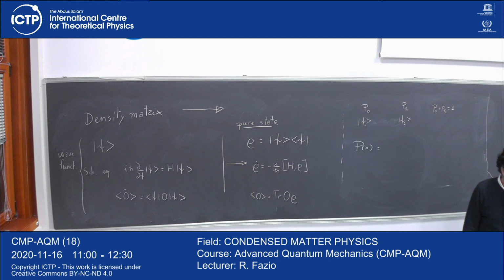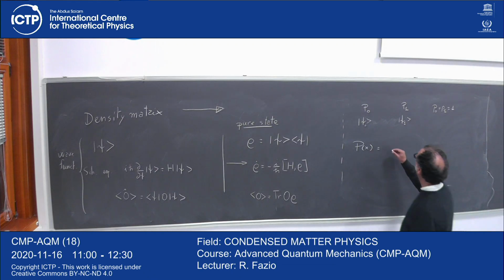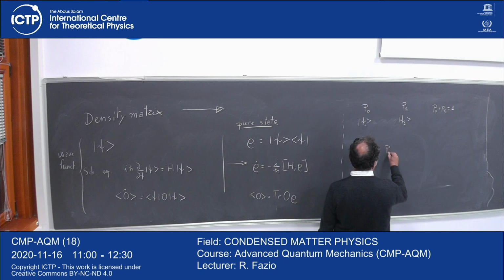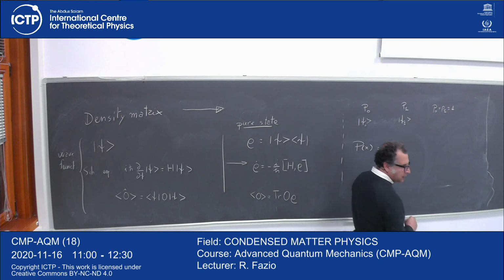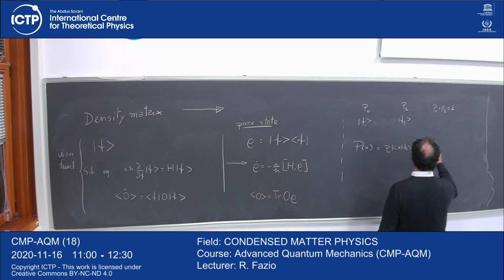What is P0? I have small p0, there are too many p's. P0 times what? Scalar product of X and psi 0, and P1 plus P1 times the scalar product.